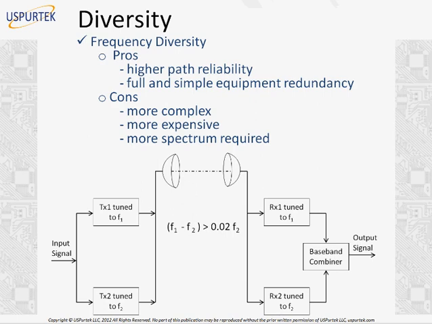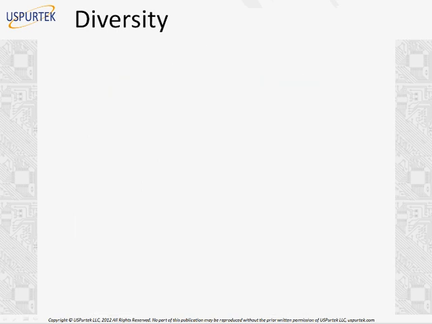So that is a pro. But it comes at a cost. It becomes more complex, more expensive, and more spectrum is required. Spectrum is expensive these days, so it adds to the overall cost of the system. But sometimes, where there's no other means available for diversity and we must have 100% reliability, it may be used.